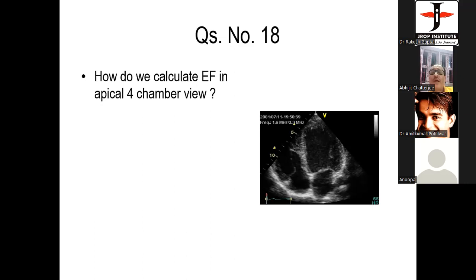Amit, you tell me how you are going to measure the area of the right atrium using planimetry, and what is the cutoff value? Right atrium area is measured at the level of diastole. Diastole or systole? Atrium, systole.